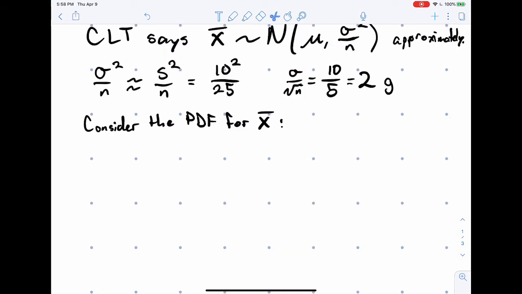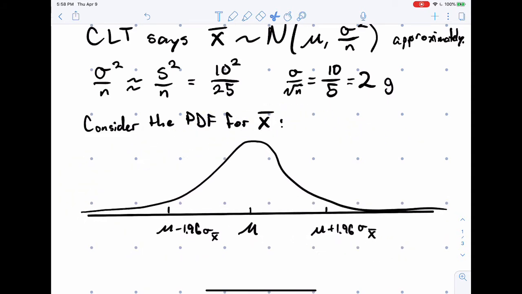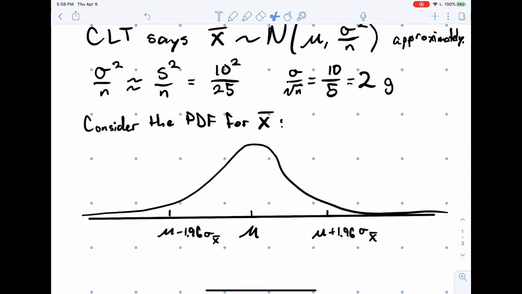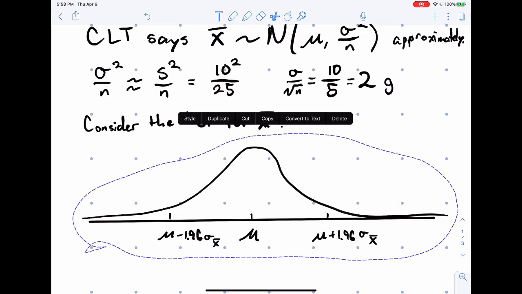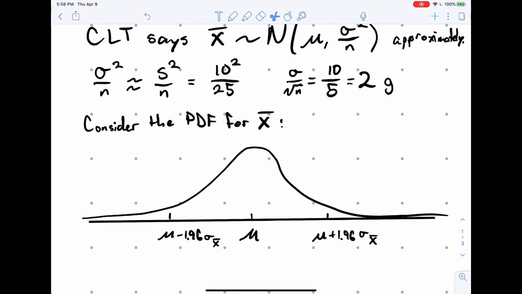Consider now the probability density function for X bar. It's distributed normally, so we can draw it using something like this. We have a bell-shaped curve centered at the mean with 95% of the data lying in between plus or minus 1.96, which is the area where 95% of the probability density will lie.